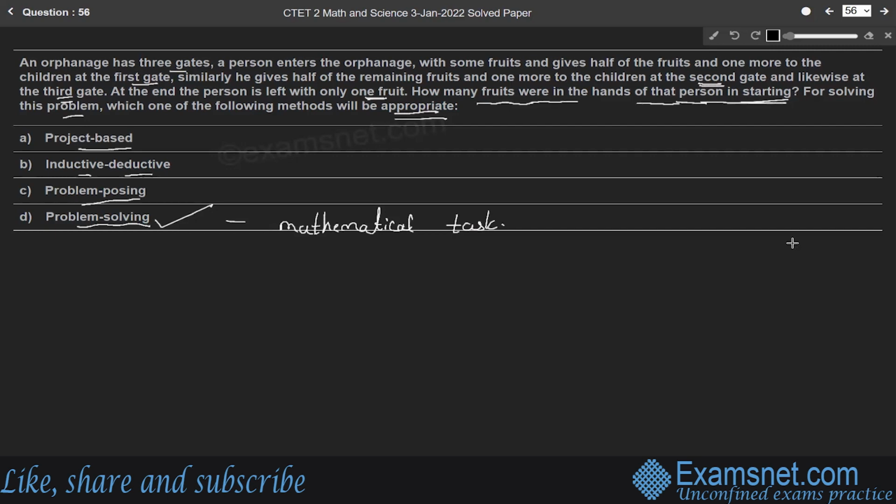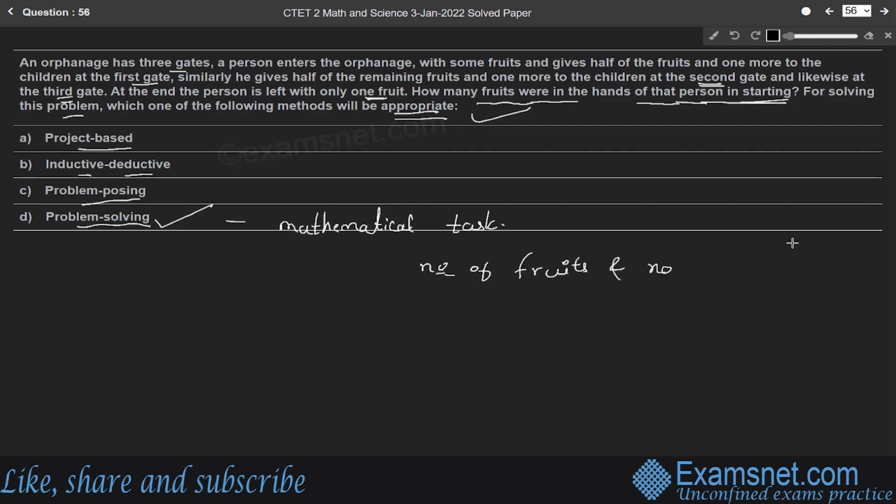Then the students can perform several hypotheses which lead to the solution of the problem and then finally select the best among them. Similarly, in the above example, students need to clearly understand the relation between the number of gates and the number of fruits he gives when he enters the gate, right?